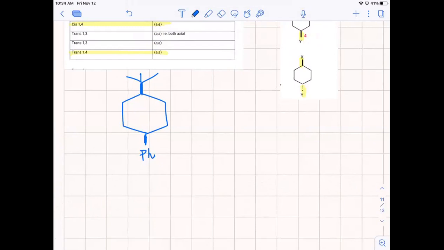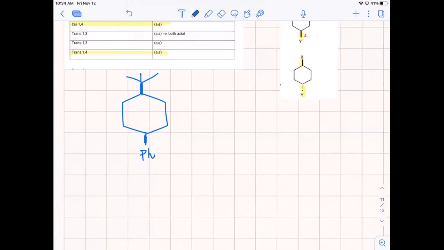And I'm opening another window because I want the values for the groups.